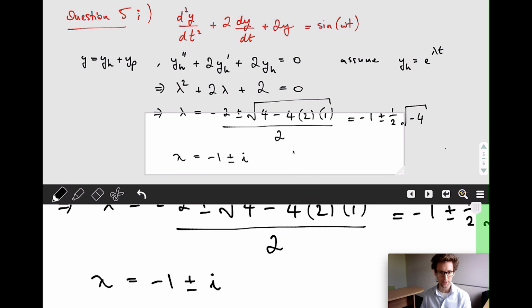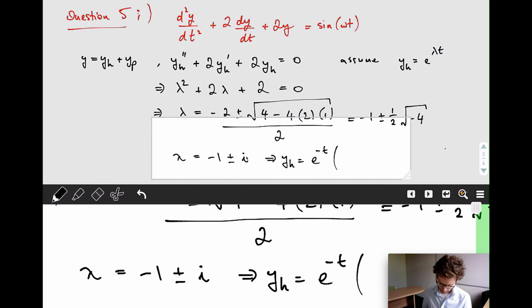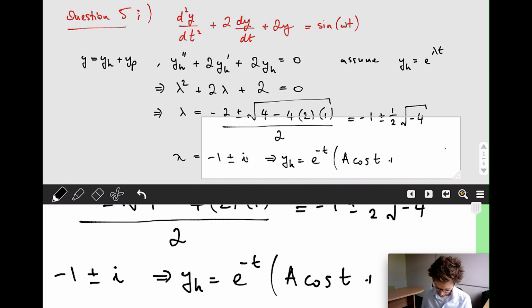So I've got complex solutions here, which means that my homogeneous solution is going to be e to the real part times t, times a cosine of the imaginary part, so that's a cosine 1 times t, plus b sine of the imaginary part times t. So my solution is an exponentially decaying oscillation back and forth between plus and minus 1.